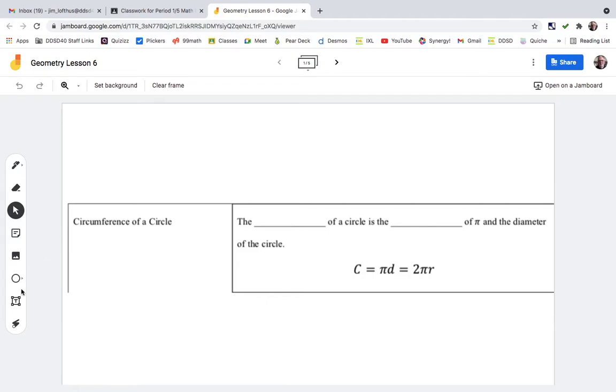So let's type the answer in right here. The circumference of a circle is the product of pi and the diameter of the circle.